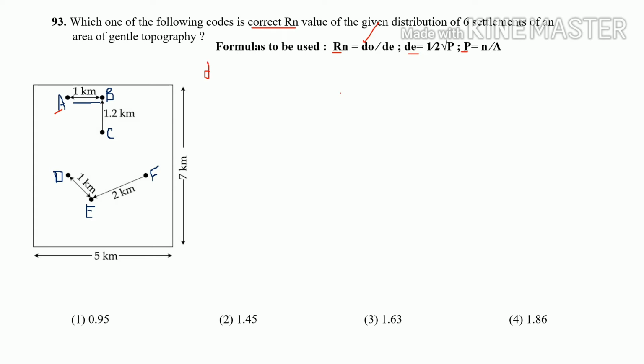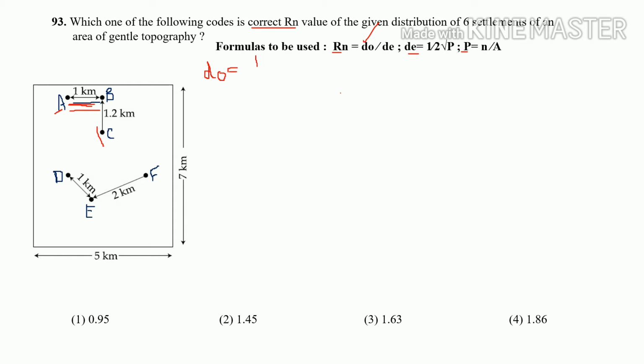So what is DO? While calculating DO we will consider every settlement, like the distance from A, then the distance from B, then the distance from C, like this. So what is the distance from A?